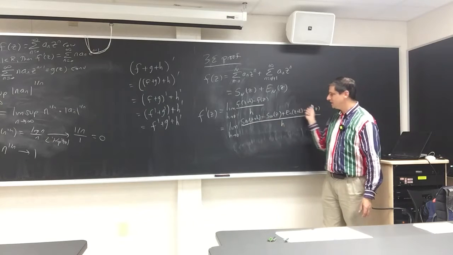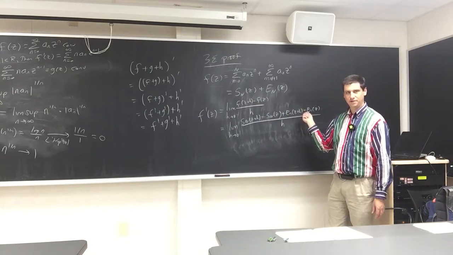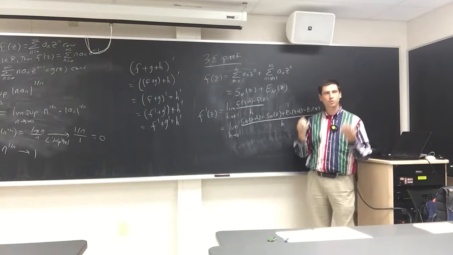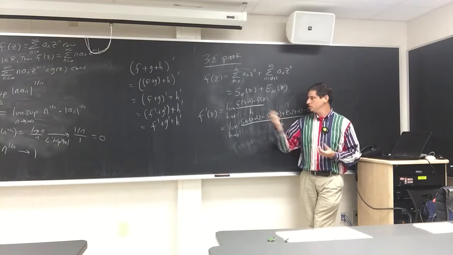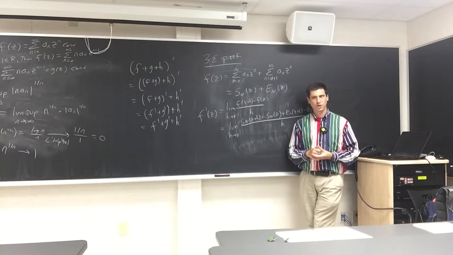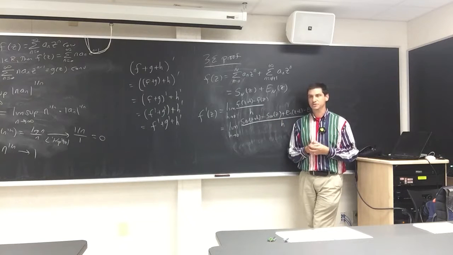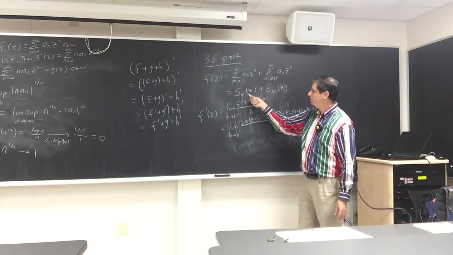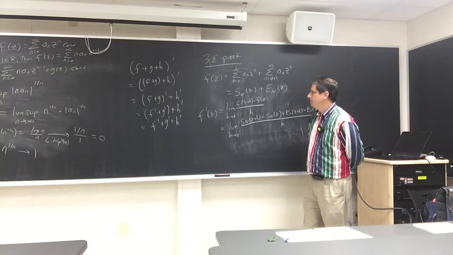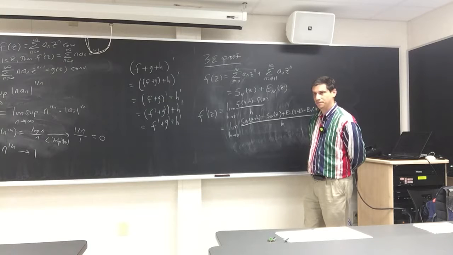So when I have something like this, and I want to analyze this, this is the whole point of the class. I want to really drive home how you come up with these proofs. We're starting with the definition of the derivative. We're building on our example of the geometric series where we understand what's going on. I know what the derivative of Sn is. That's not hard to work with.